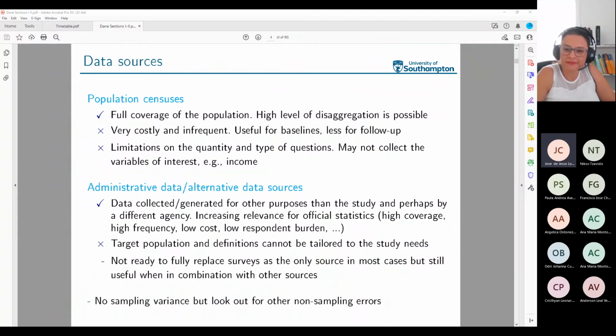So this is not a thing that usually happens in surveys, because in surveys, in the first publication, we have a figure, a number that is not going to change that much with time. But thank you so much.